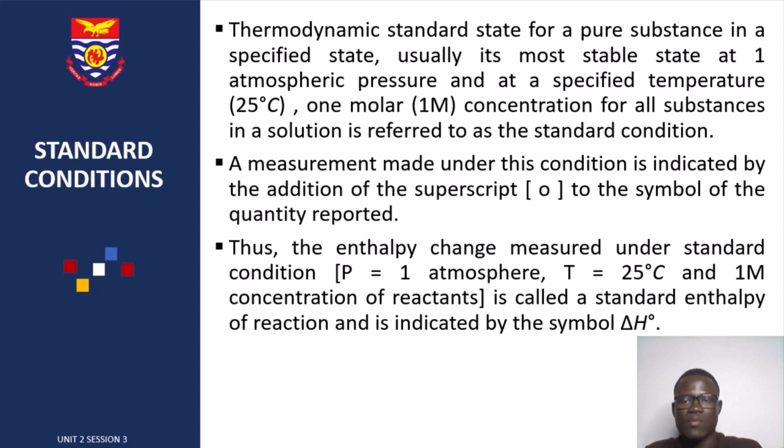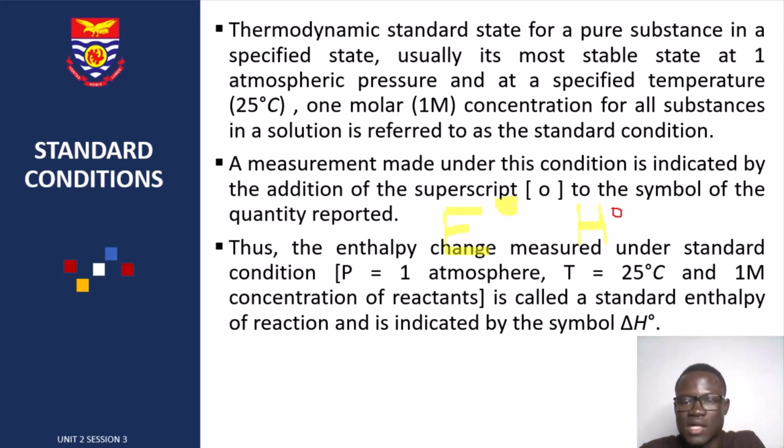A measurement made under this condition is indicated by the addition of the superscript 0 or naught to the symbol of the quantity reported. So if we are going to write standard state conditions for, let's say, energy change, then we can write it to the power 0. If you are going to write it for standard enthalpy, we can say H to the power 0.